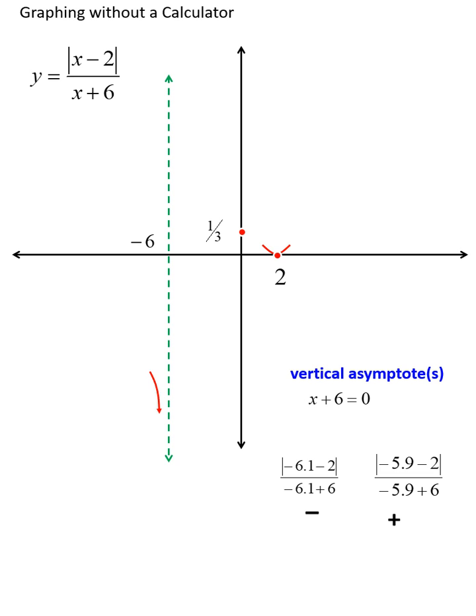That tells me when x is -5.9, the y value is positive. That means that the corresponding point is above the x-axis. And therefore, on the right side of my asymptote, watch the graph here, the graph must be approaching it in an upward fashion. So I've now gone through 3 of the key features, and I have a general sense of where this graph is going. And notice I haven't used a calculator.